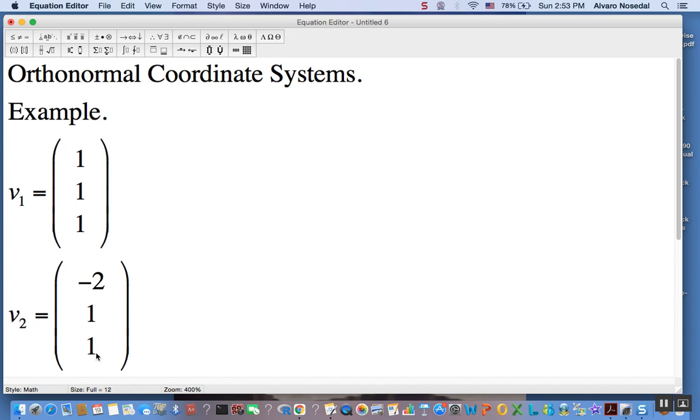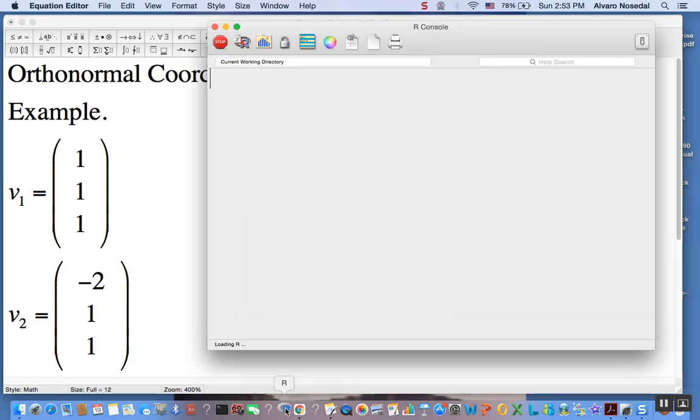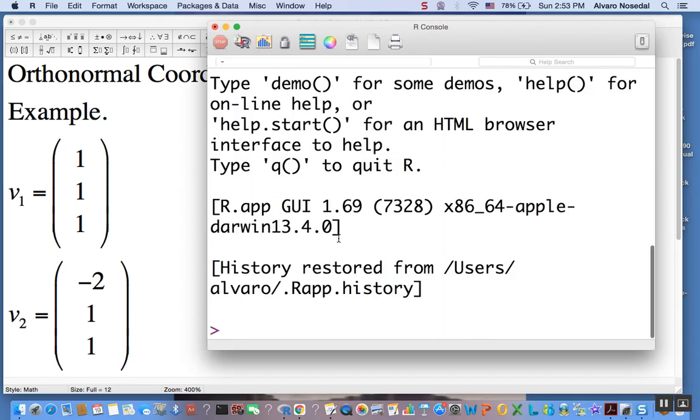So to do things quicker, let's use R. Let me launch R here. So v1 is going to be a matrix with only one column, which is, you know, a vector. So 1, 1, 1.